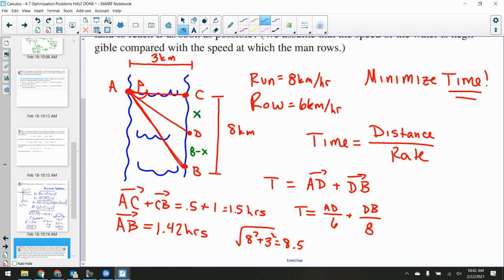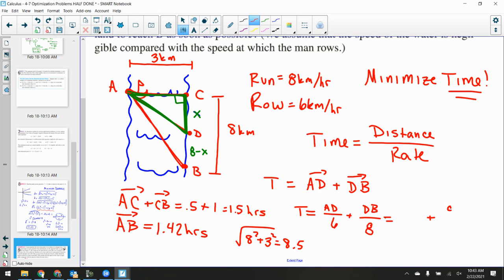All right. Now, can we find AD in terms of x now? Yes, using Pythagorean. Look at this triangle in here. Do we see that right triangle, where this is 3 and this is x? We got to find AD in a second. I do know DB.